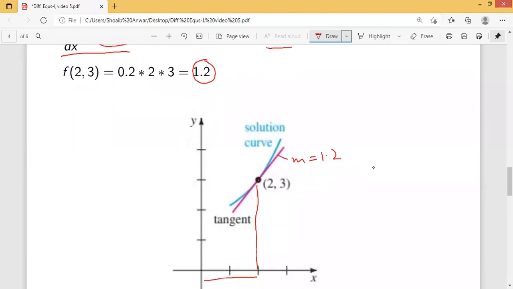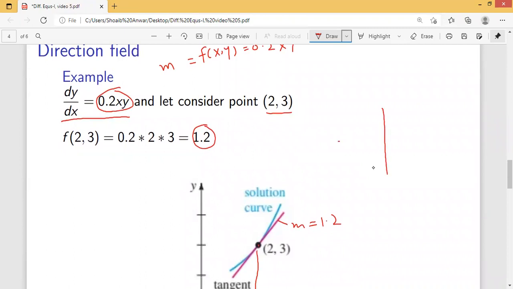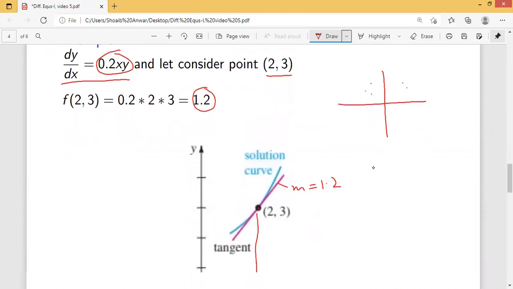So you just draw at that point the line segment. So if you calculate slope at each point and draw small lines corresponding to every point, then you will get a slope field or a direction field in the rectangular region or in the xy plane.